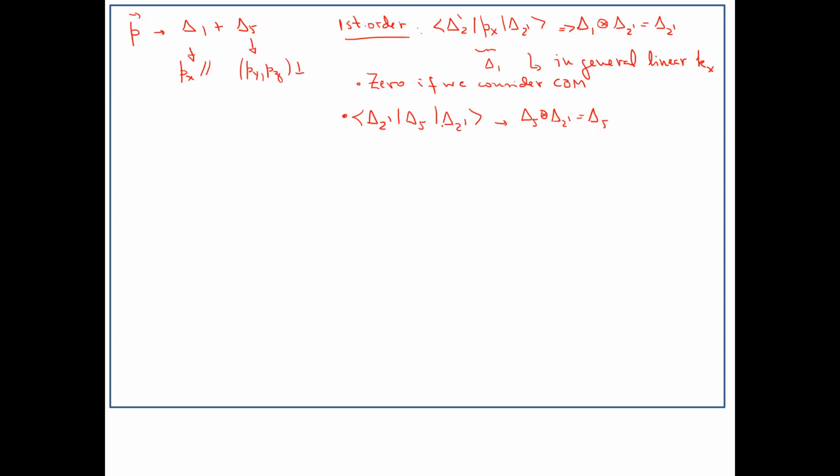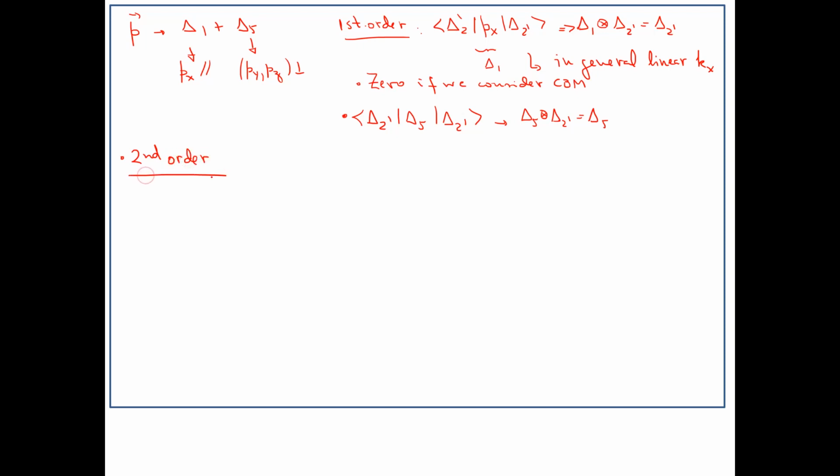So this is zero because of group theory. All right, so this is telling me that first order is not very useful, so one needs to go again to second order perturbation theory.